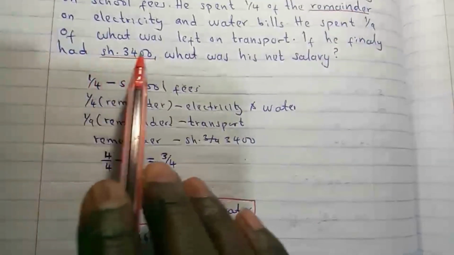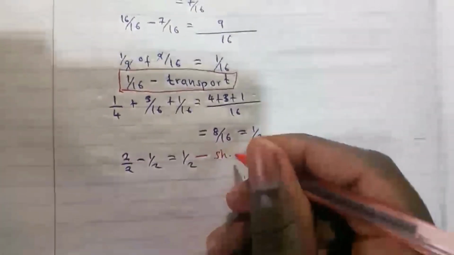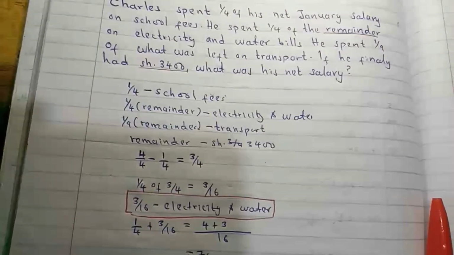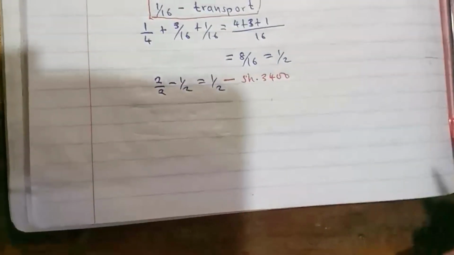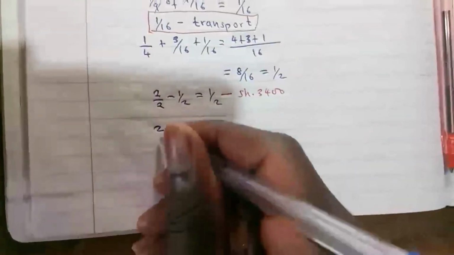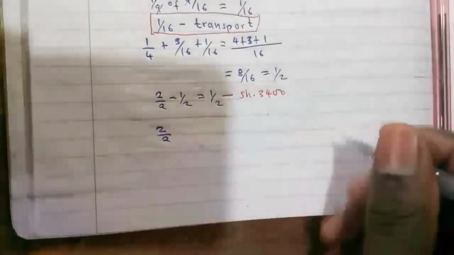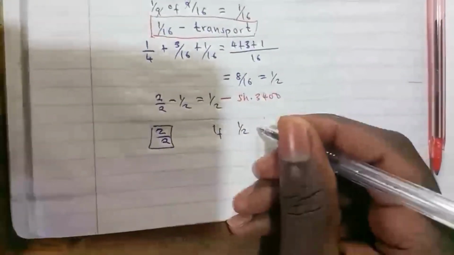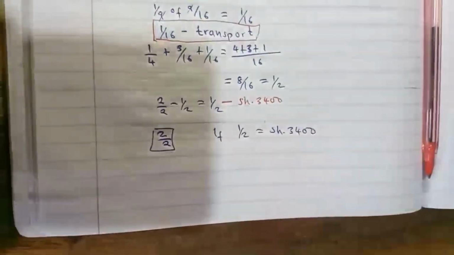If he finally had 3,400, this half represents 3,400. We want the net salary. We were told to find what was his net salary. So we assume that the net salary was represented by a fraction which is 2 over 2. So if half represents 3,400 shillings, that is the half which remained.